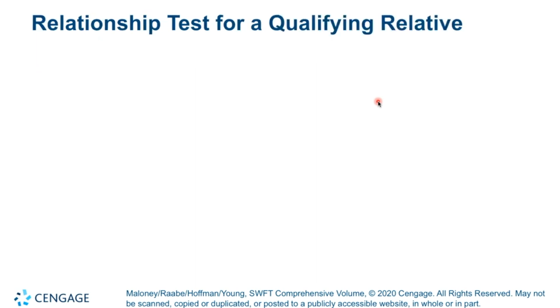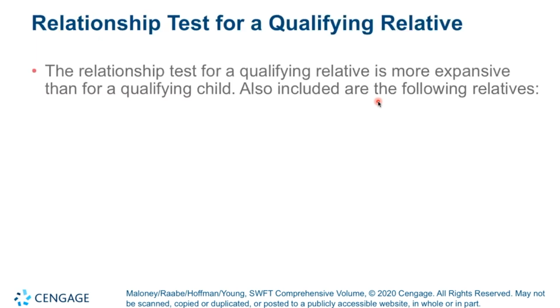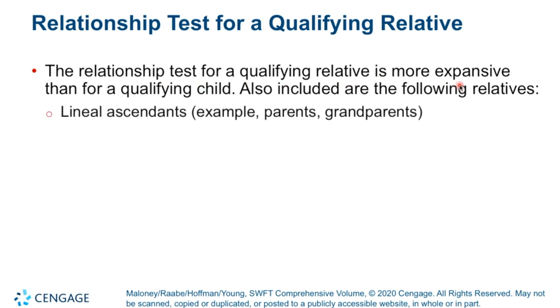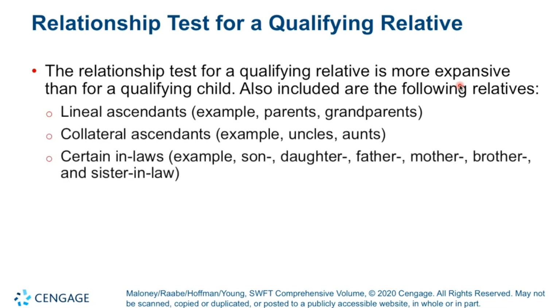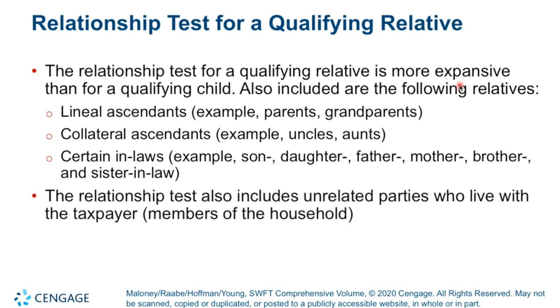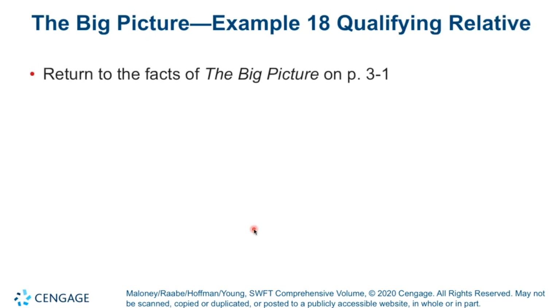But we also have some of the same criteria. So the relationship test for qualifying relative is bigger. We allow more people, descendants, ascendants, so going up the family tree, in-laws, and unrelated people who live with the taxpayer, but they have to live there all year, which we'll see in a second.